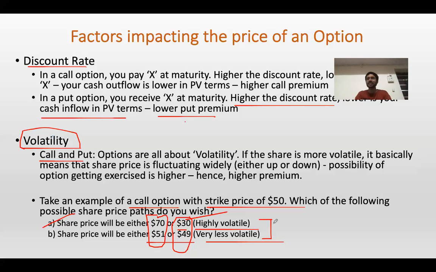But if you go back to different time periods, where in one time period the volatility was higher, and in another time period the volatility was lower, I agree we are breaking the ceteris paribus assumption, but you will see that the call option prices have been higher in that high volatile environment compared to the low volatile environment.